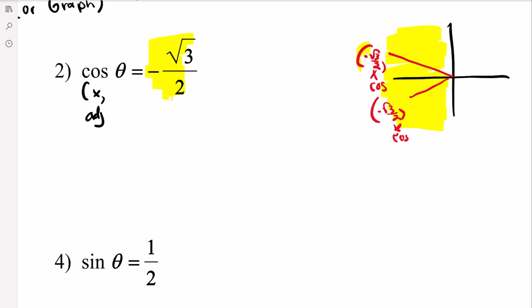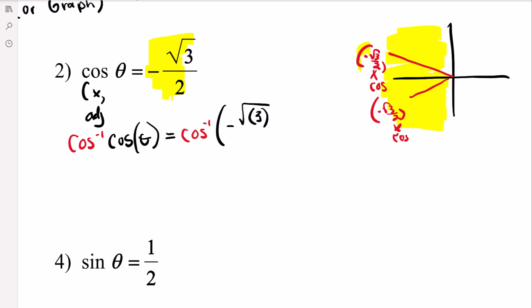All right, so on paper, we're doing the inverse cosine of both sides. Now be careful when you're putting this in your calculator. Make sure to close that parentheses before you hit the divide. Then go ahead and close that parentheses right there.